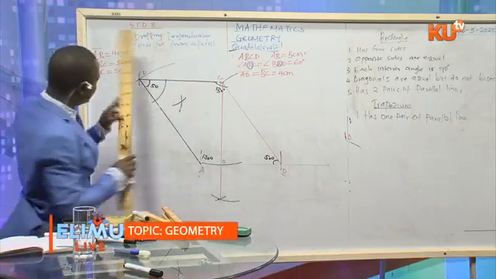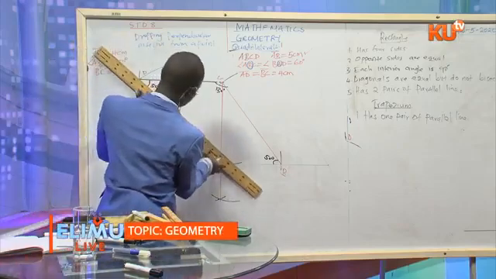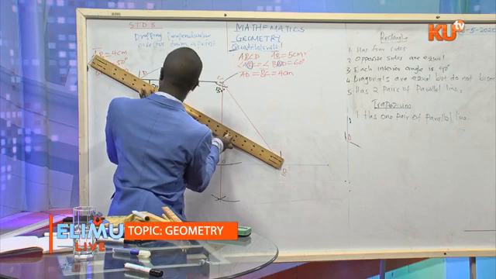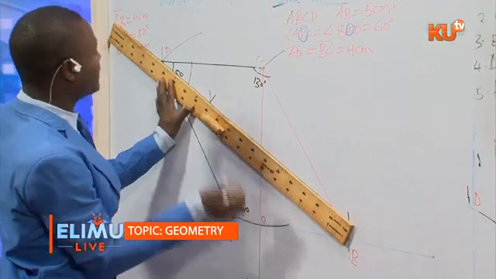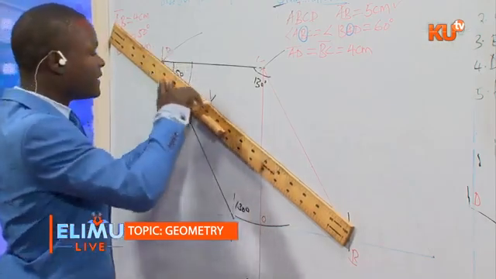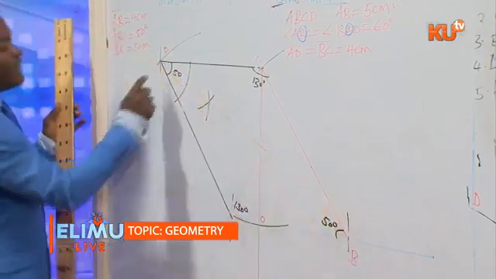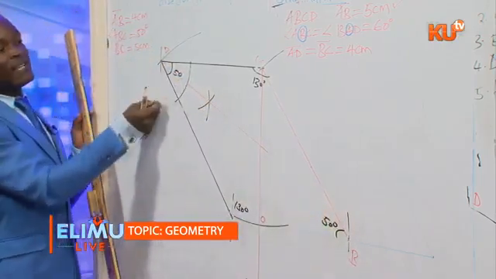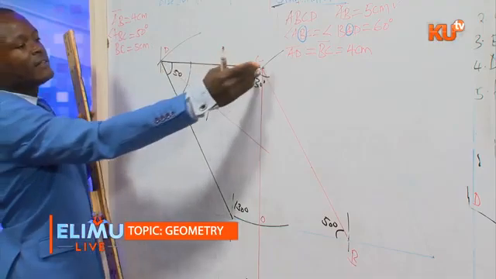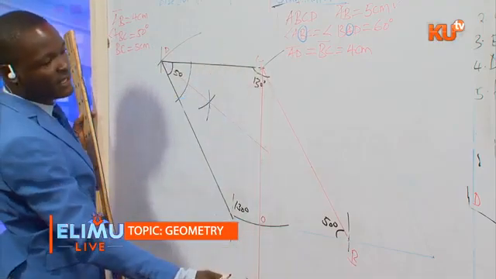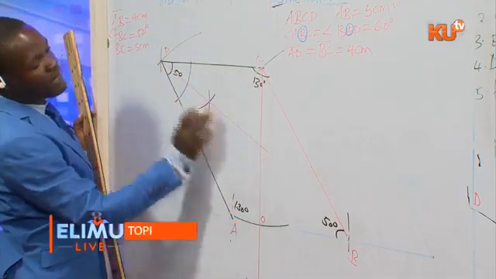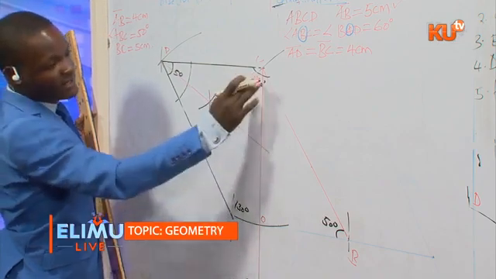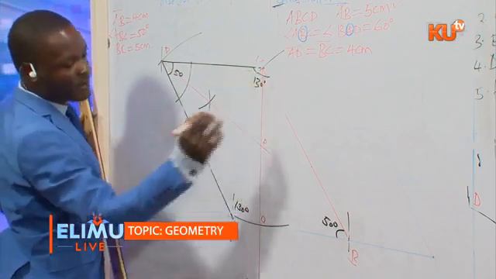That is bisecting the angle. This is the angle bisector, which bisects an angle, and this one is the perpendicular bisector. Where this angle bisector meets line CO is probably P.